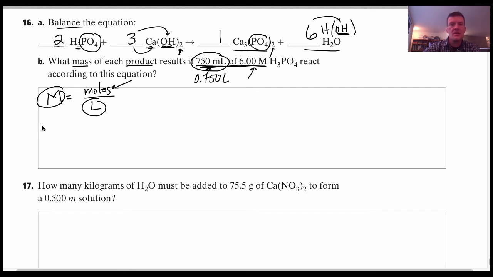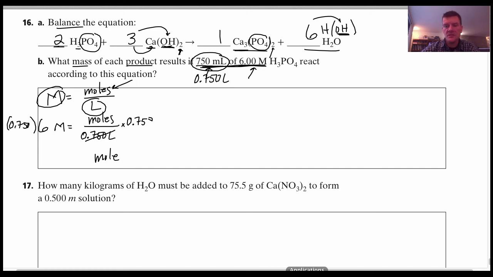Okay? So let's put in our molarity here, which is 6. Moles, that's what we're going to find. Liters is 0.750. And I'm going to multiply both sides by 0.75 to get my number of moles. Okay?